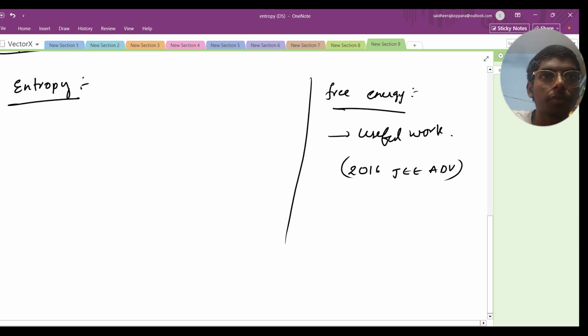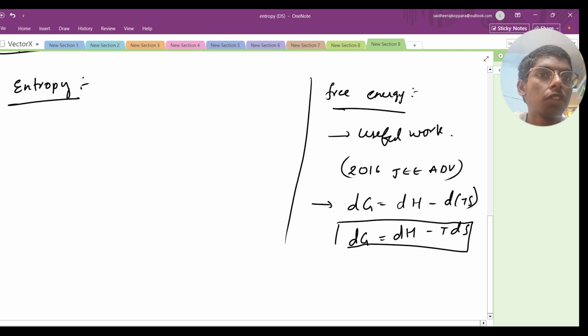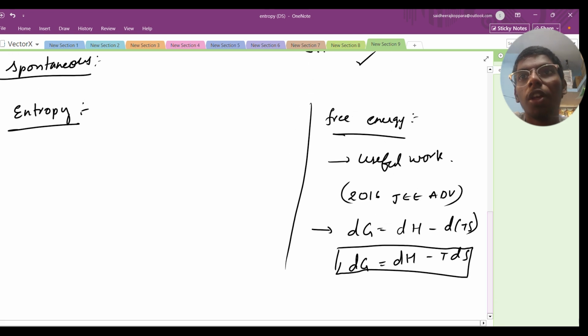Here they said dG equals dH minus TdS, which is the actual equation that gives free energy.